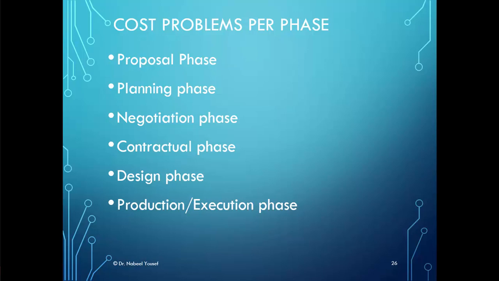In the planning phase, we could have omissions of some activities by mistake, inaccuracy of the work breakdown structure, misinterpretation of information, use of wrong estimating techniques, failure to identify major cost elements, and failure to assess risks.